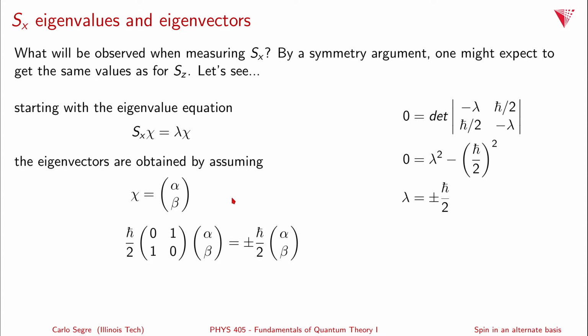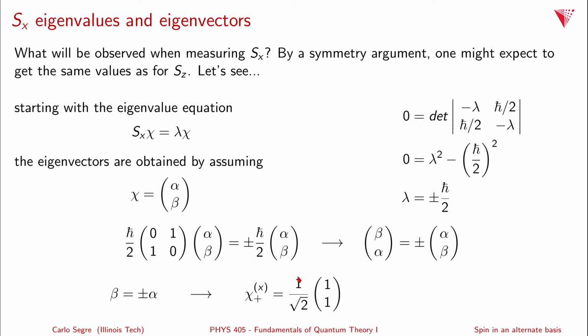Well, we can write that matrix equation as h bar over 2 times the matrix 0, 1, 1, 0, times alpha beta, is equal to plus or minus h bar over 2 alpha beta. Clearly, the h bar over 2's cancel, and so we have beta for the first term at the top and alpha for the term at the bottom. And on the other side, we have plus or minus alpha beta. Well, this tells us that beta is equal to plus or minus alpha, or alpha is equal to plus or minus beta. There's redundancy there. We only need one of those. So beta is equal to plus or minus alpha.